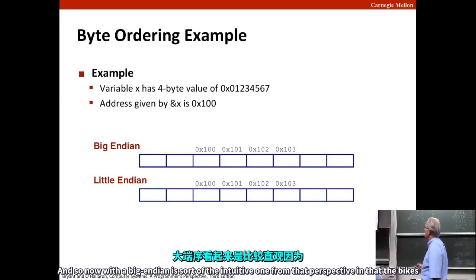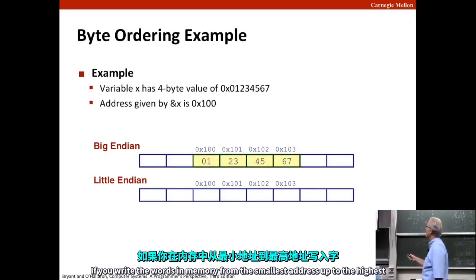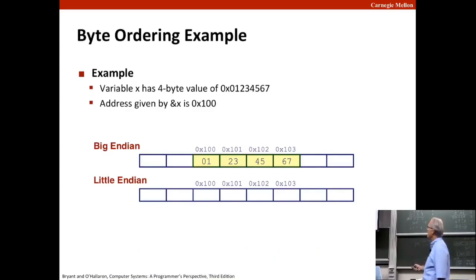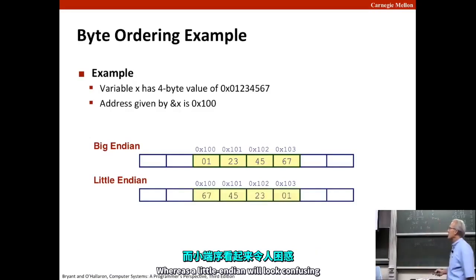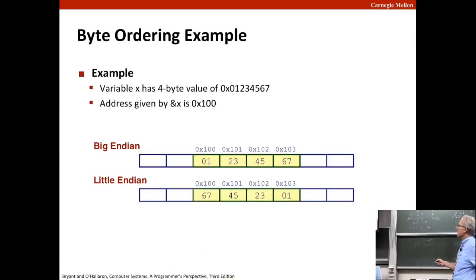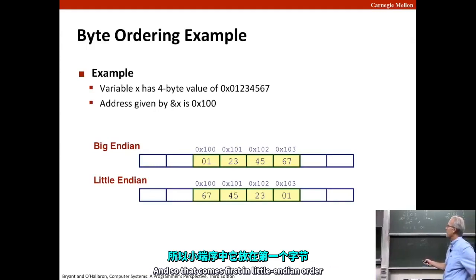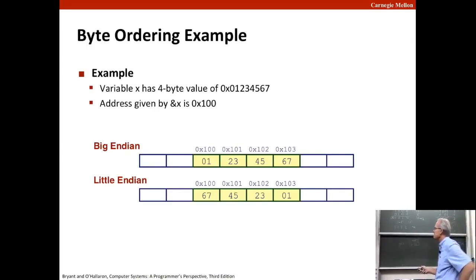And so now Big Endian is sort of the intuitive one from that perspective, in that if you write the words in memory from the smallest address up to the highest, the Big Endian will sort of map to what you see, whereas the Little Endian will look confusing, that you say 0, 1, 2, 3, 4, 5, 6, 7, because 6, 7 is actually the least significant byte here, and so that comes first in Little Endian order.